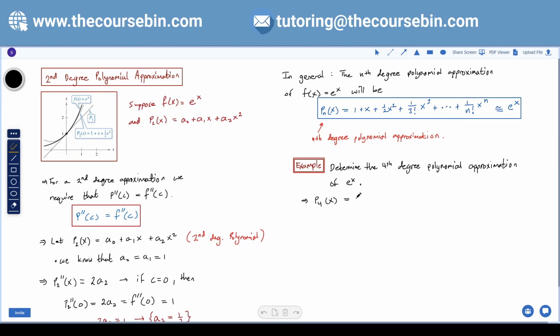So we're going to have 1 plus x plus 1 over 2 factorial times x squared plus 1 over 3 factorial times x cubed plus 1 over 4 factorial times x to the power of 4. Right? And this is approximately equal to e to the power of x.